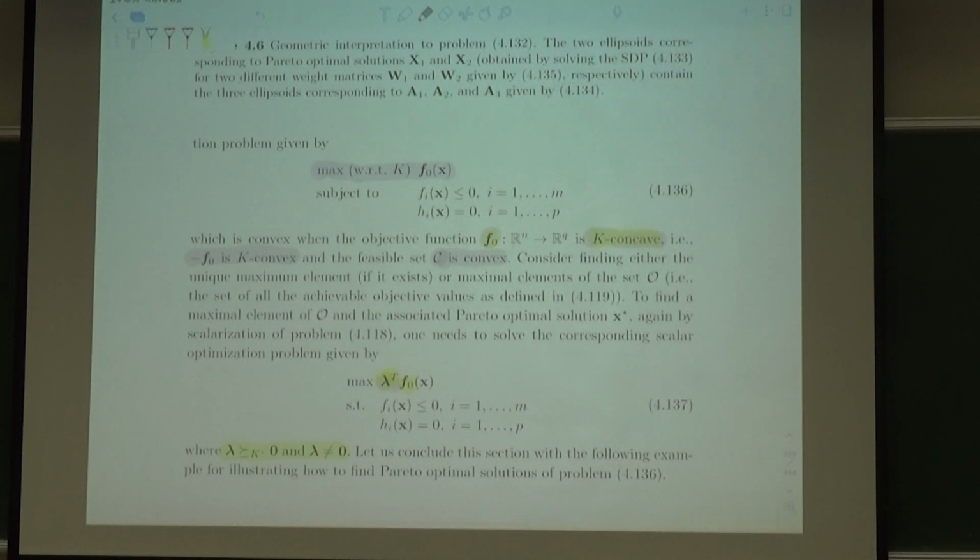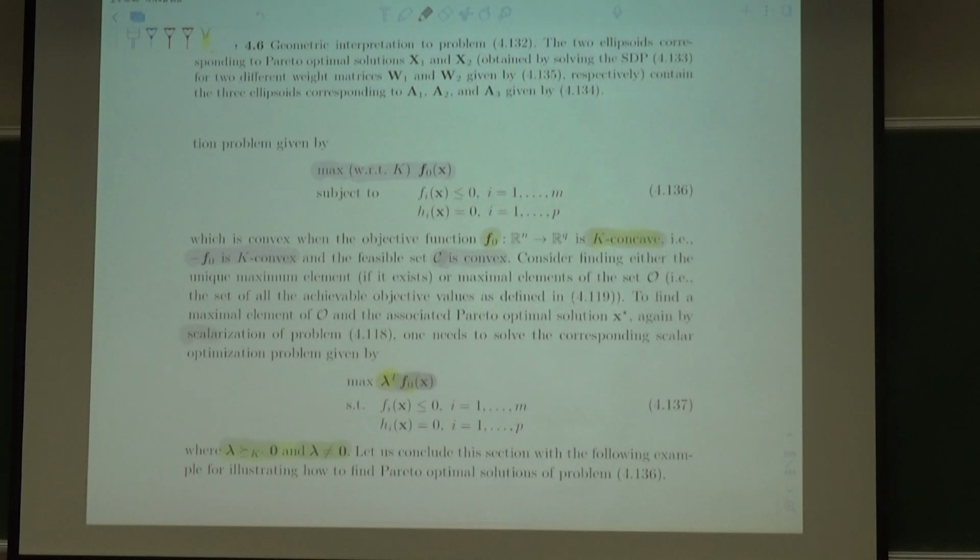Again, lambda transpose F0, lambda not less than or equal to 0, not equal to 0. Given a lambda, we get a Pareto boundary point F0(x).